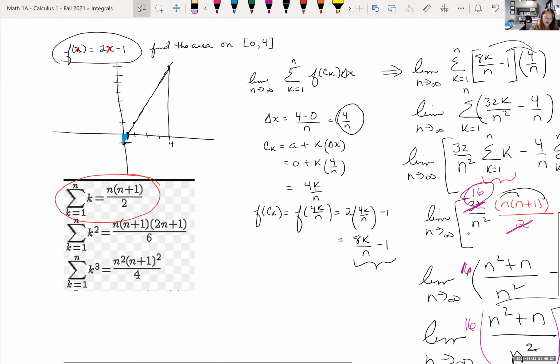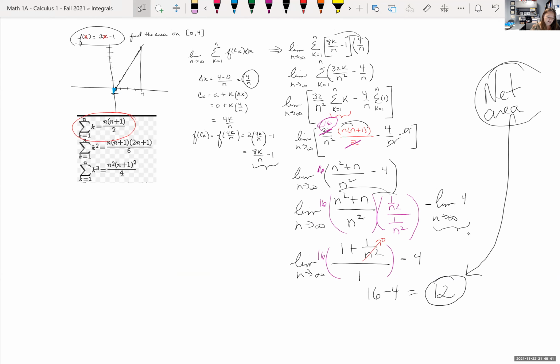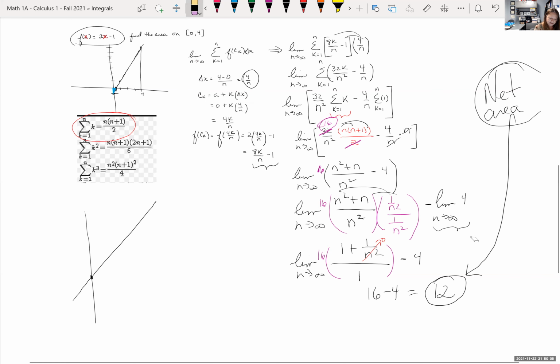And we can show what that area is by just using geometry, right? If I looked at this, this is crossing the x-axis at 1/2. Then I know what my base is and I know what my height is.